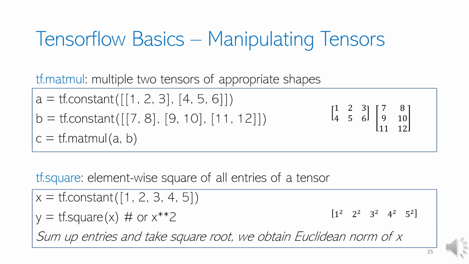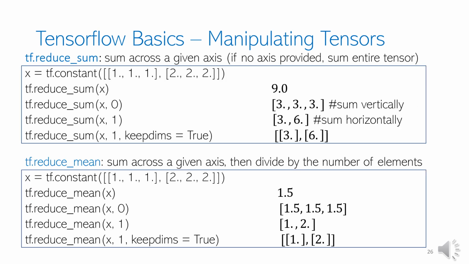of any tensor. Another two very useful methods in TensorFlow are reduce_sum and reduce_mean. reduce_sum simply sums across a given axis. If no axis is provided, it will sum the entire tensor. For example, let's say we have a simple 2 by 3 tensor. tf.reduce_sum of x will return the sum of all elements.